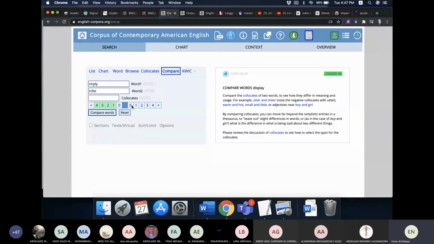Who could tell me? I cannot tell. Yeah, I think imply is what the writer or the speaker wants to say from the line or from the talk. And infer, that's what I understand, is what the reader and the listener understand from the speaker.